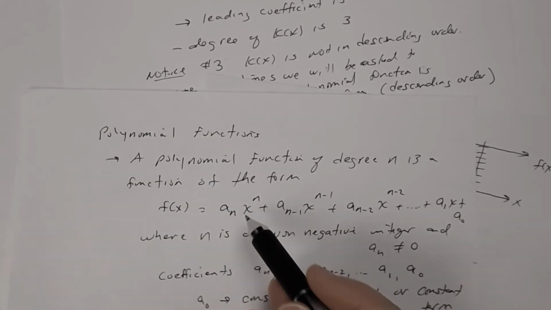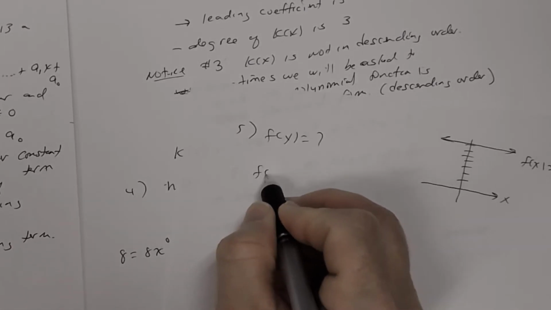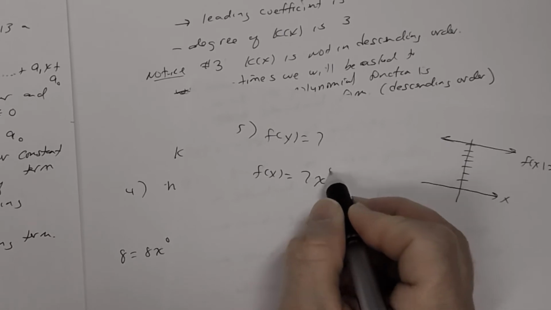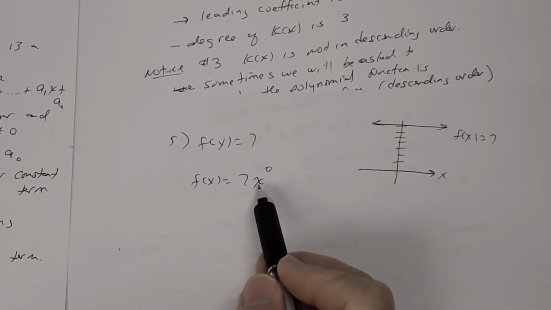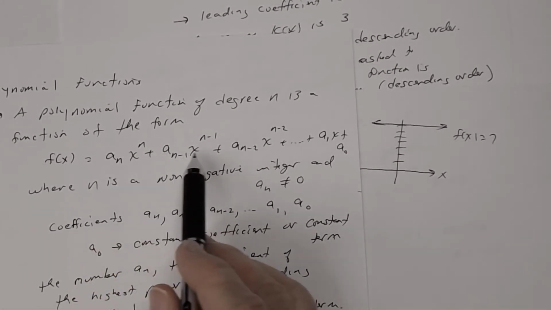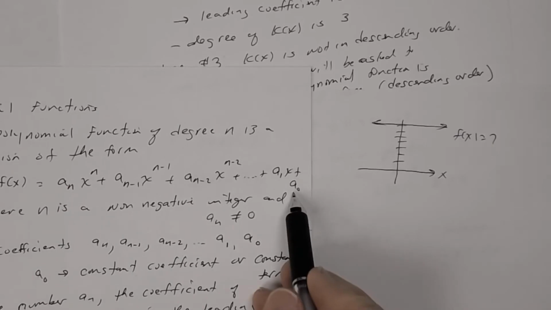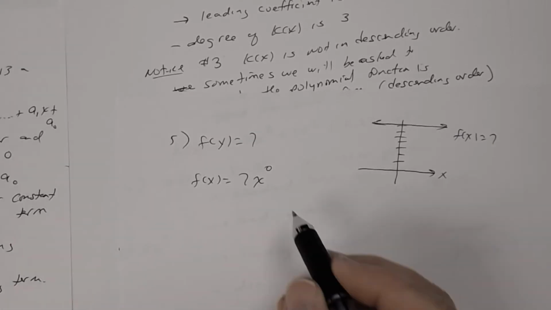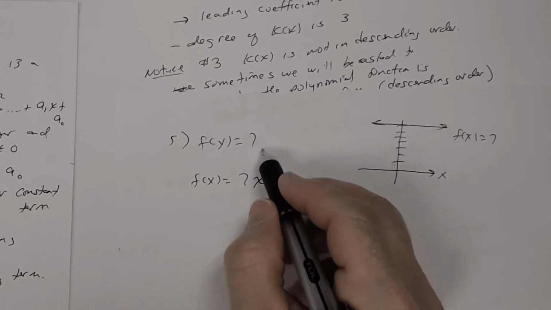It doesn't have a variable, right? Well, remember what we just talked about. Y'all agree that f of x is 7 times x to the 0 power? All right? So don't you see this term right here? It would be one of these. In fact, it would be this constant, a sub 0. So this is your constant term here.